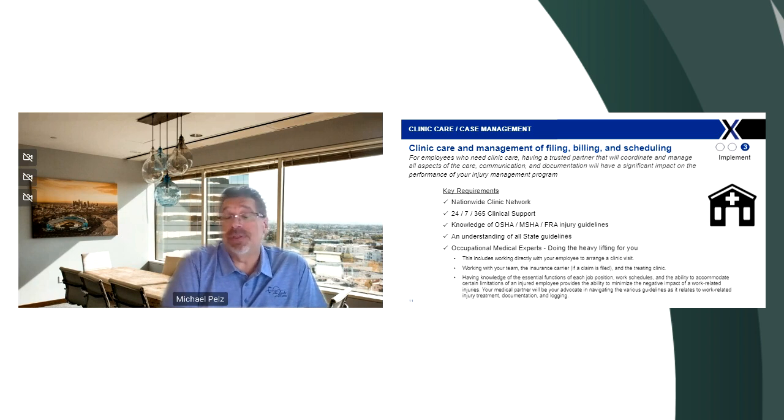It might also include specialty services, especially if, due to the nature of the work environment you work in, you have the potential of debris in the eye. Possibly having ophthalmologists that can take stat work-related injuries is critical. These are all elements that should be incorporated in that nationwide clinic network to make sure that your employees are getting the proper care they need.